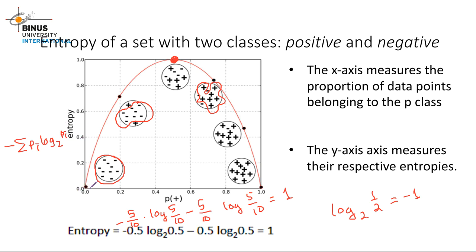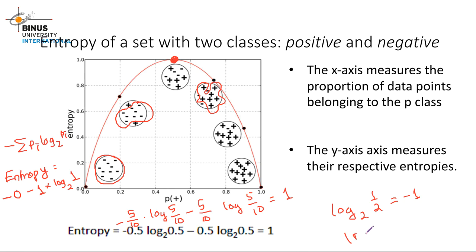If we see here, the entropy value equals minus the probability of the positive class, which is 0, minus the probability of this class, which is 1, 10 out of 10, multiplied by log base 2 of 1.